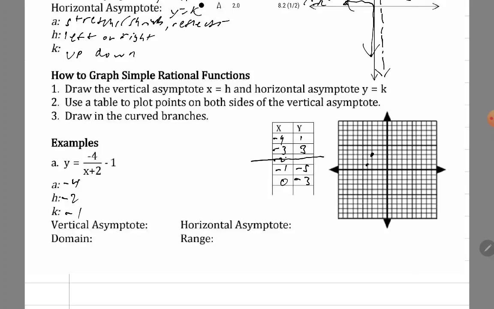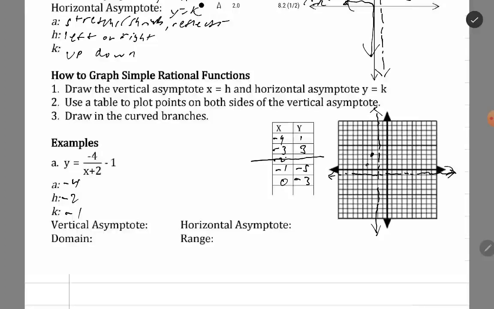So always start off by drawing your asymptotes first. So h is -2, so we go to -2 and draw a vertical asymptote. And then k is -1, so we draw a horizontal asymptote. There we go.